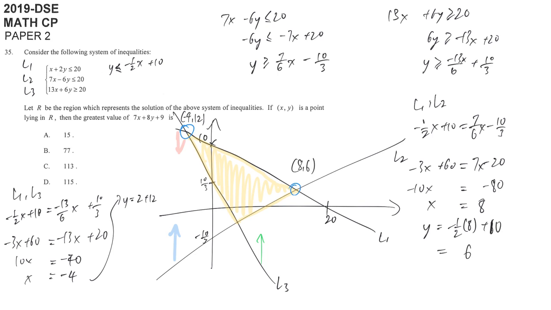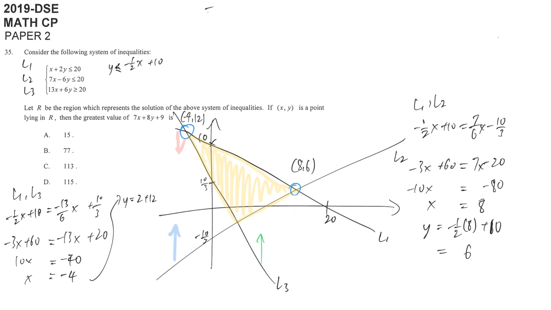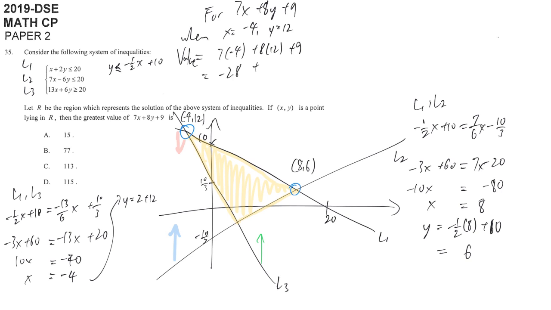And then we substitute into our function. So 77 is one of the possible solutions.